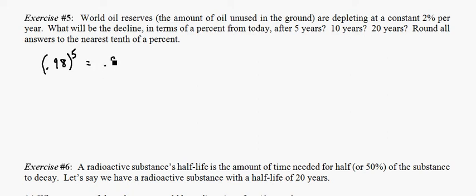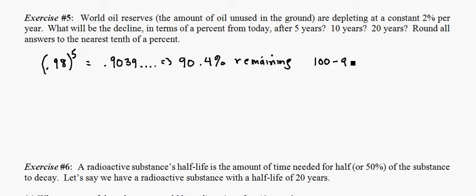And what we're going to get is 0.9039, etc. That means we have 90.4% remaining. A lot of students go too much on autopilot and they say, that means you've lost 90.4%. No way. We have 90.4% remaining, which means that 100 minus 90.4, we've lost 9.6. Right?